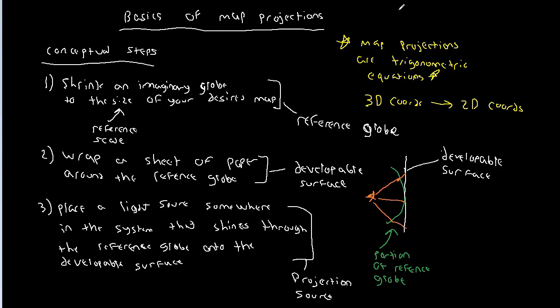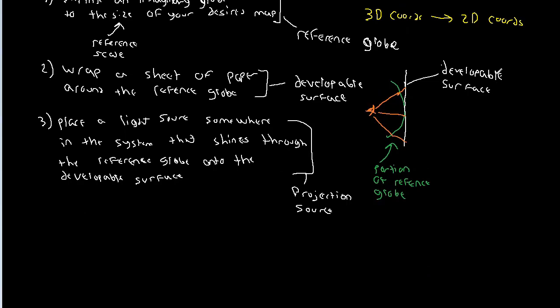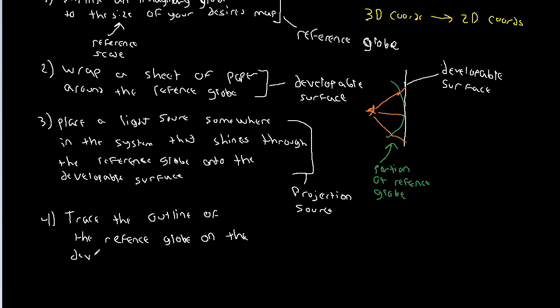Step 4 is to trace the outline of the reference globe on the developable surface to make the map.